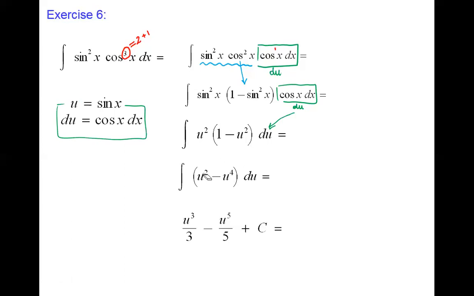We can integrate u to the power of 2, the integral is u to the power of 3 over 3, minus u to the power of 4, and the integral is u to the power of 5 over 5, plus the constant of integration. And now, instead of u, I will put the original x variable function sine of x. Sine cube of x over 3, minus sine to the power of 5 of x over 5.